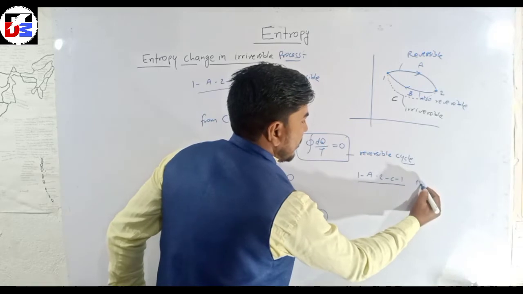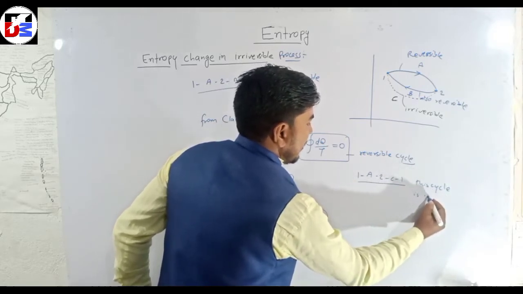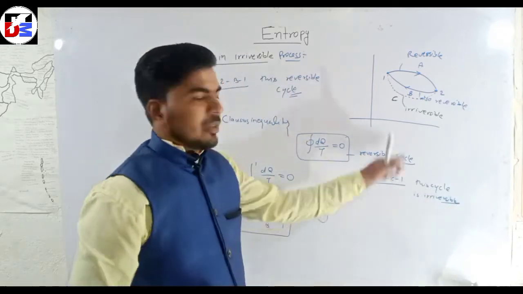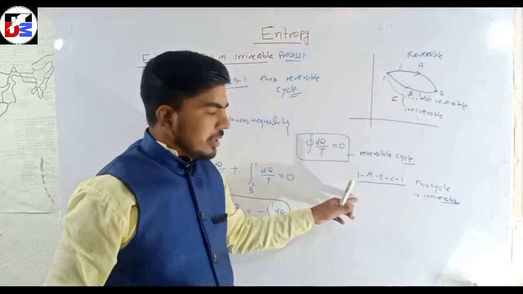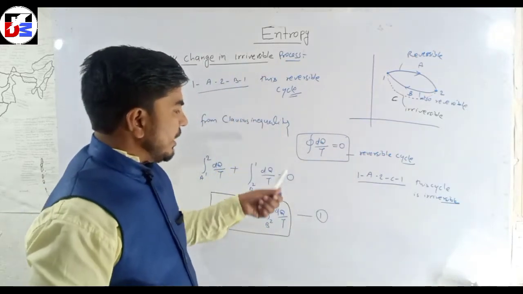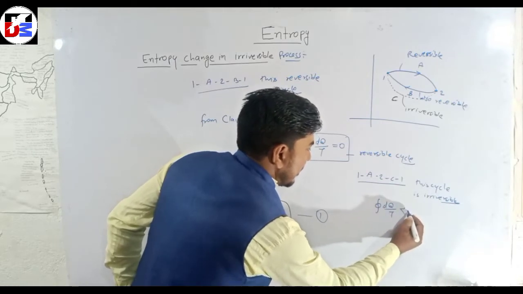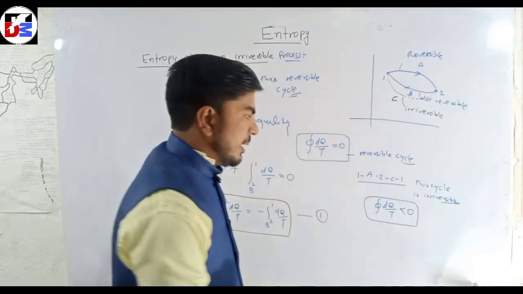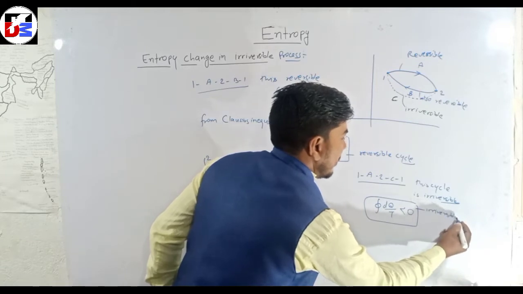This cycle is irreversible. You see here 1A2C1 is the irreversible cycle, and Clausius's inequality law says the cyclic integral of dQ/T is less than 0. This is valid only for an irreversible cycle.